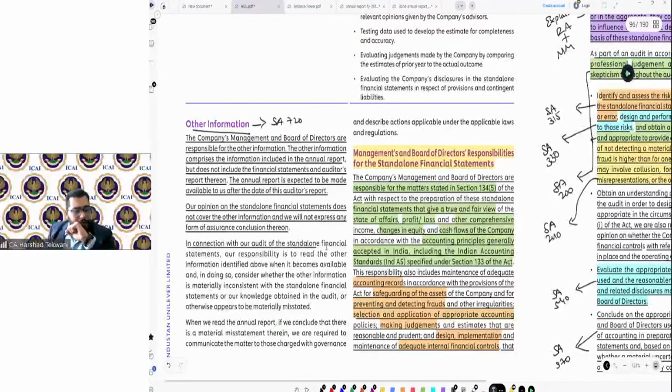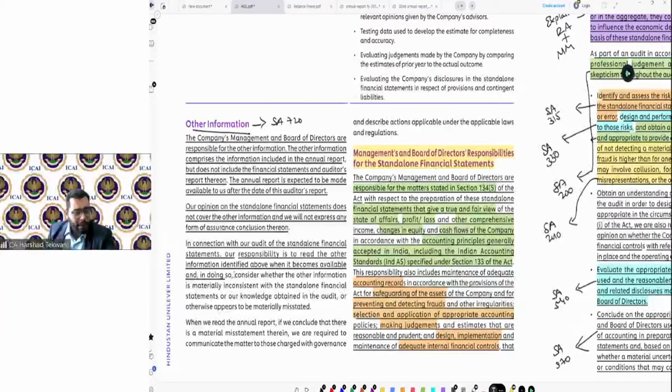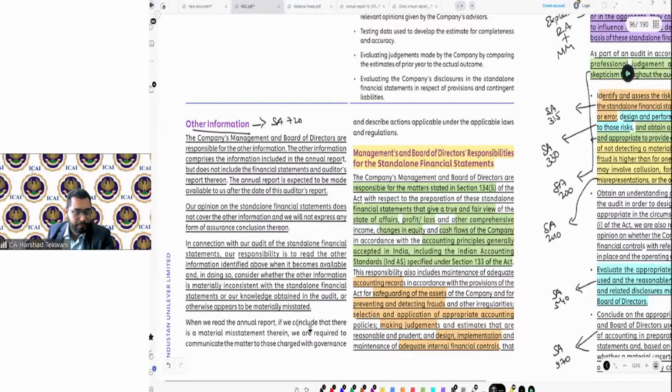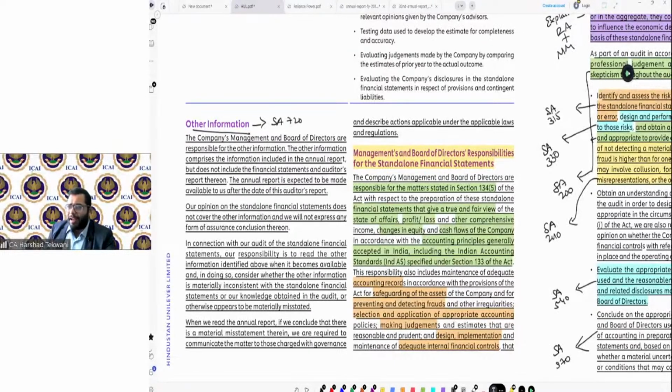In connection with our audit, our responsibility is to read the other information when it becomes available, and in doing so, consider whether it is materially inconsistent with the standalone financial statements or our knowledge obtained in the audit, or otherwise appears to be materially misstated. If we conclude there is a material misstatement, we are required to communicate the matter to those charged with governance and describe the actions applicable under the laws and regulations. This is the paragraph about other information as per SA 720.